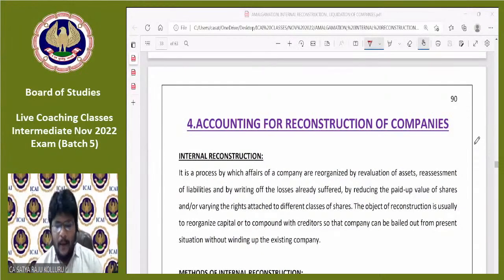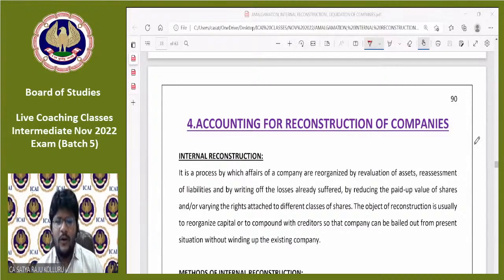So, in the last lecture, we completed up to the chapter Amalgamation. Am I right? This is the time for internal reconstruction. First, I'll give a good intro for internal reconstruction.